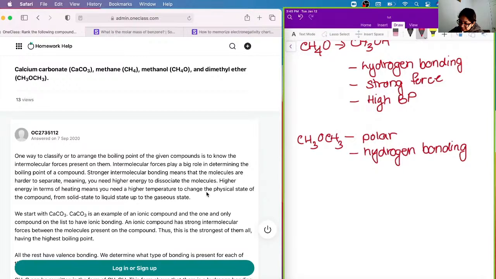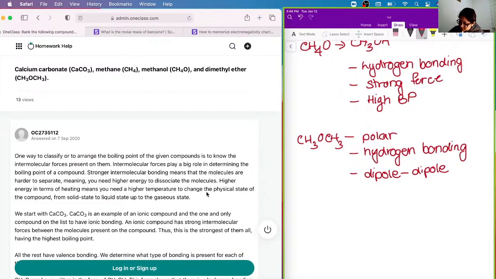And since it's polar in nature, it has dipole-dipole intermolecular forces.